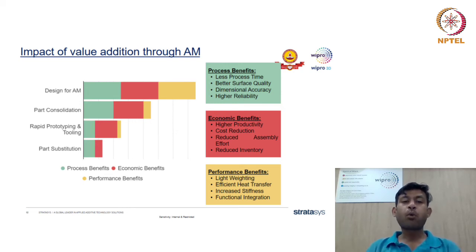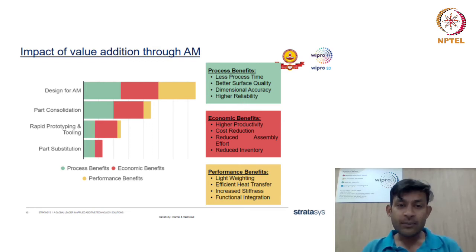So it is very important that when you are consolidating your parts together, you keep the printing orientation in mind, because the printing orientation will have a direct impact on the surface quality, and hence we can achieve benefits from the process by reducing the surface roughness by designing for the AM process.